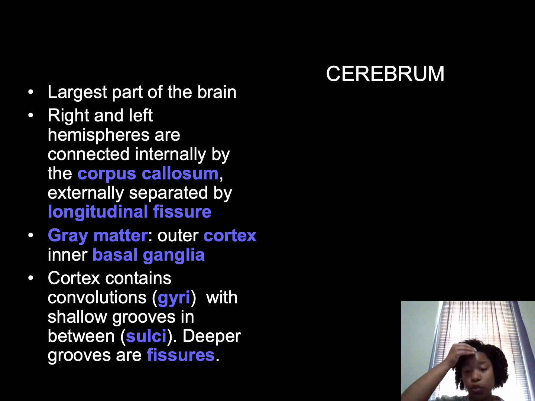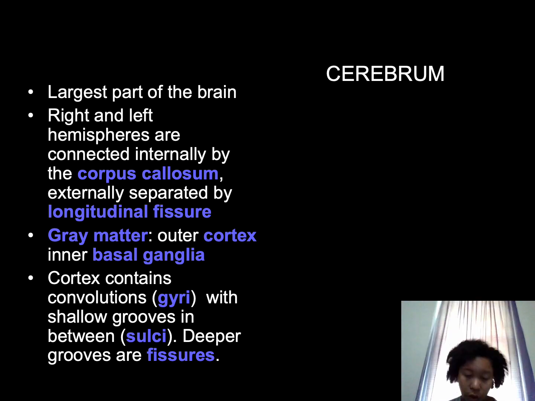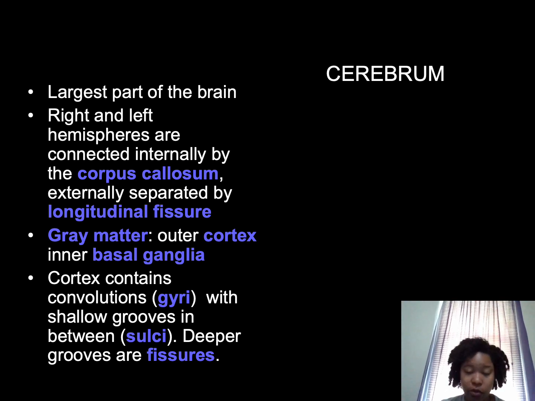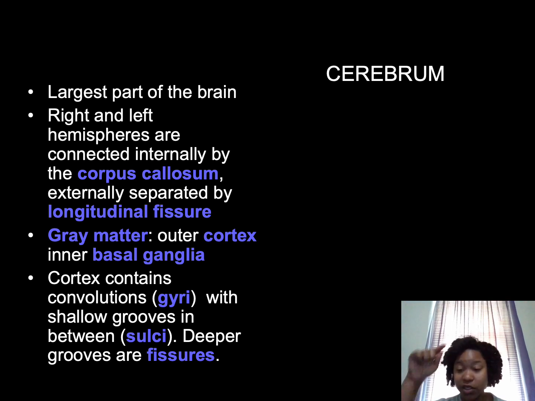The raised parts, the little mounds, those are your gyri. And the grooves in between them are called the sulci. I like to think of it like when you sulk, you're sad and downtrodden, like, oh, woe is me. That downward depression is a sulci because it's a depression in the lines of the brain. But there are some deeper ones, and those are called fissures, and the fissures help you distinguish different areas of the cerebrum.